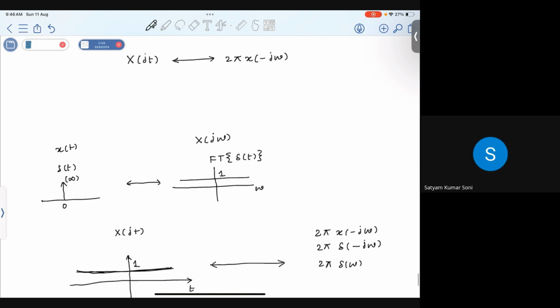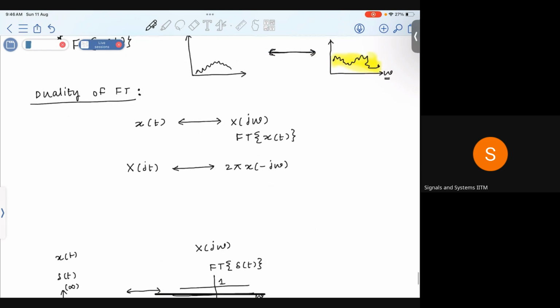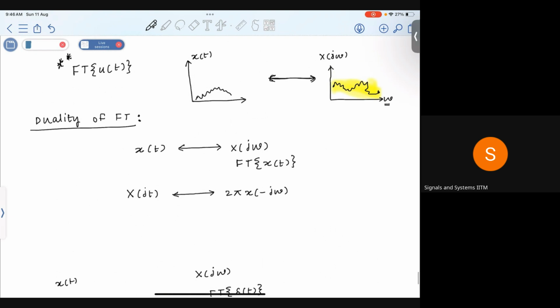Yes, ma'am. That's how you have to analyze. So if x of t has the Fourier representation x of j omega in the frequency axis, whatever the signal that you see, it's like, this is a stupid example, but I would like to compare. Say your weight is 50 kgs on earth, maybe your weight is 30 kgs on the moon.